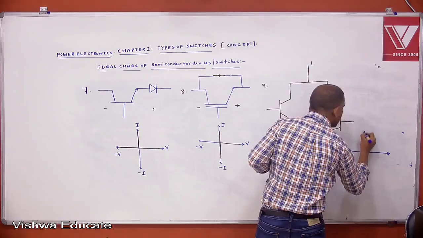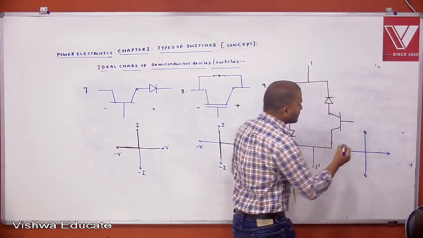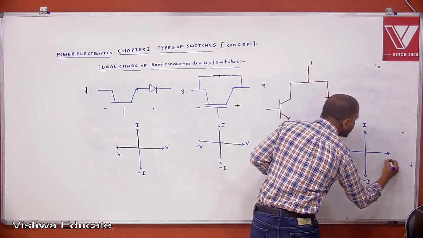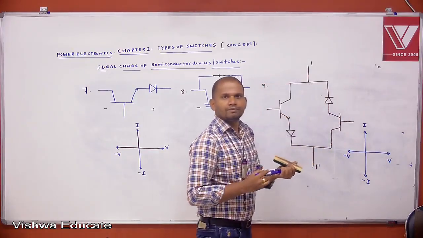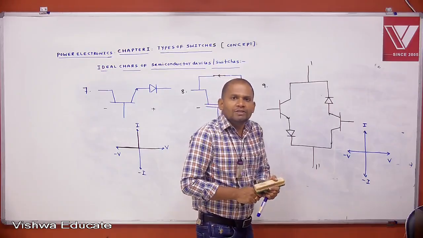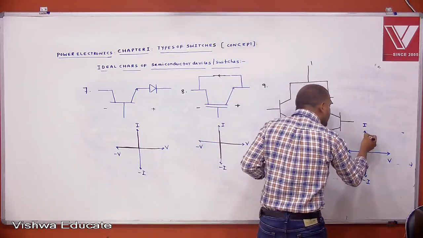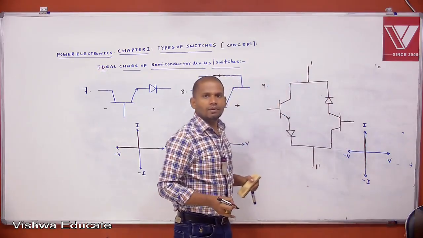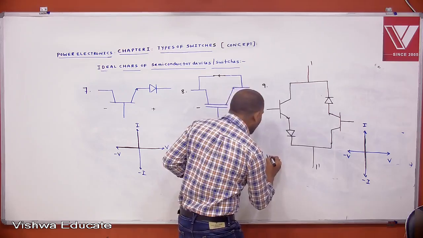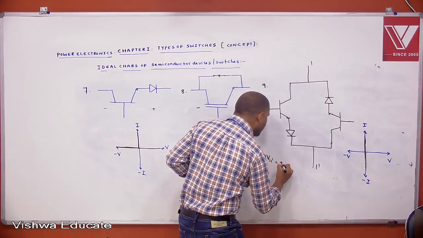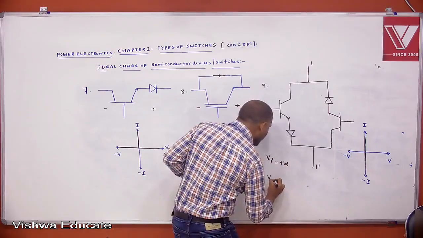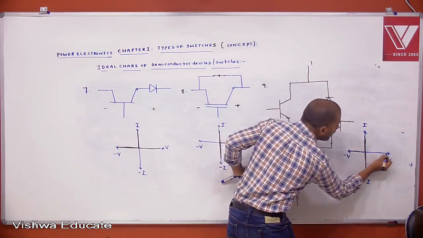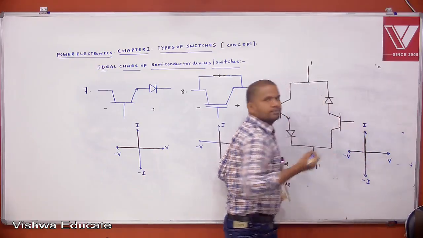You prove this. This is I, this is minus I, this is minus 3, this is plus 3. You prove that because of the anti-parallel, it conducts in both the directions. Now, if V11 dash is positive, what happens? If V11 dash is negative, what happens?